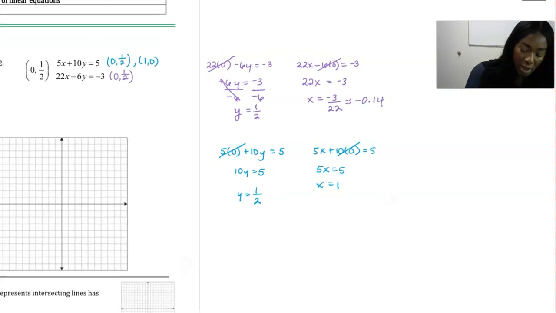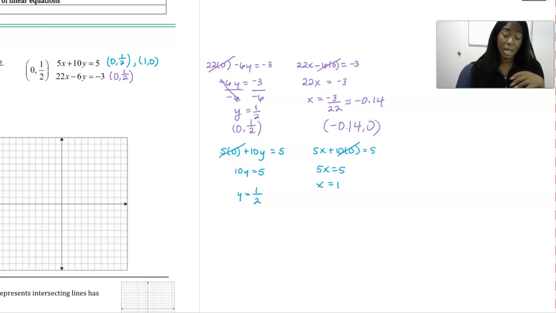So now I'm going to plot these intercepts. I'm going to plot the intercept of (0, 1/2) for the first line. That's the y-intercept. And I'm going to plot the x-intercept of (-0.14, 0). These are 2 points that are on the second line. We're going to plot those so we can see what the line looks like.